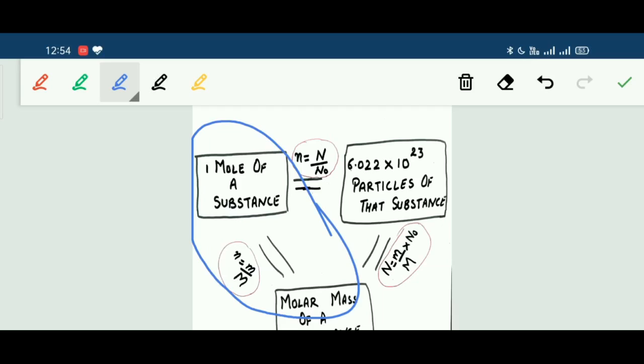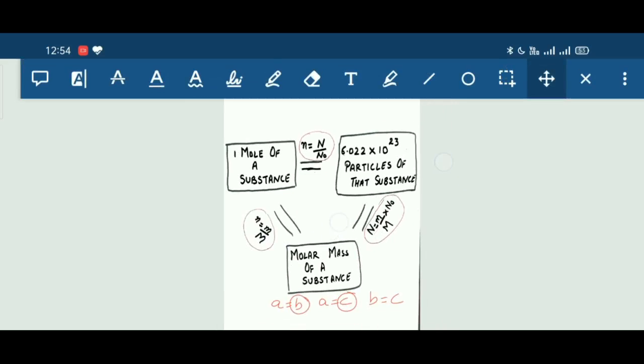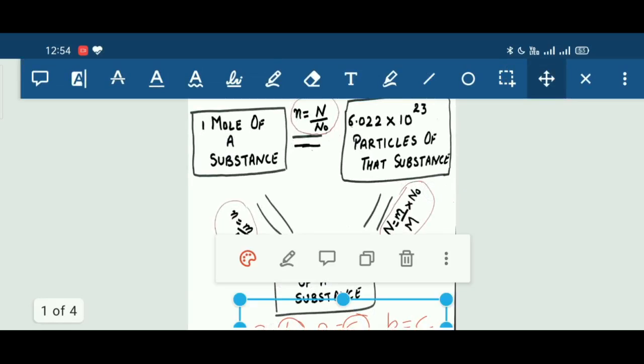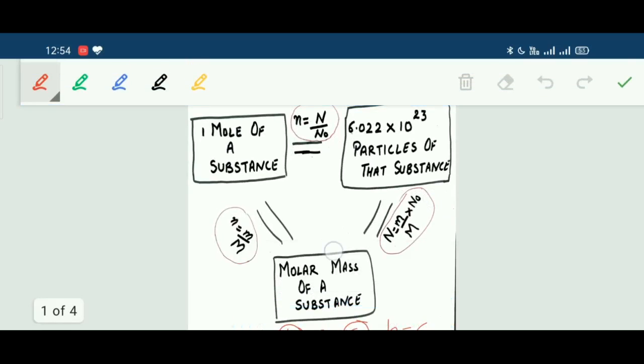So if this is A, and if this is B, and if this is C, in this case A is equal to C and A is also equal to B. So we can say that finally C and B will also be equal to each other. That means molar mass of a substance will be equal to 6.022 into 10 raised to 23 particles of that substance.